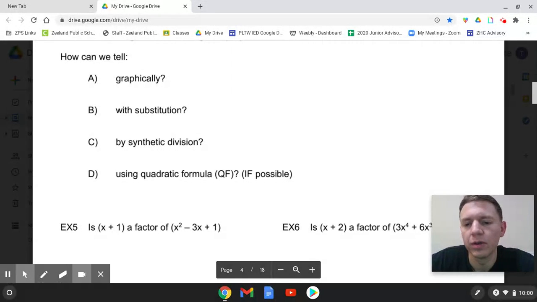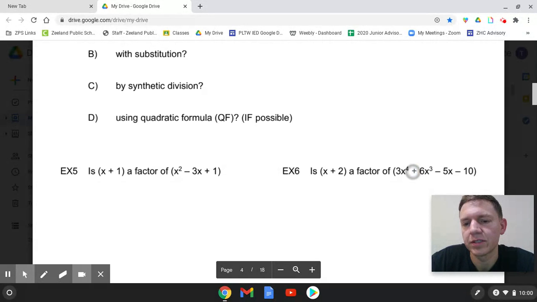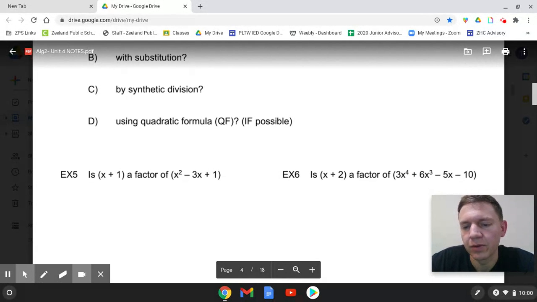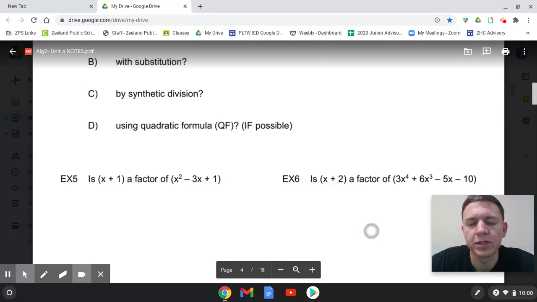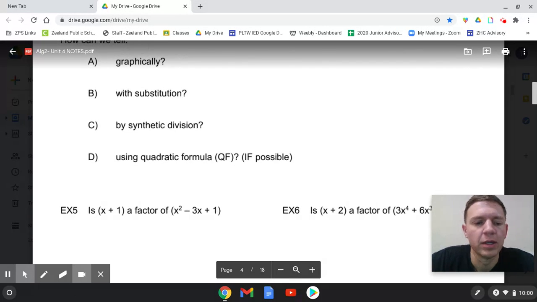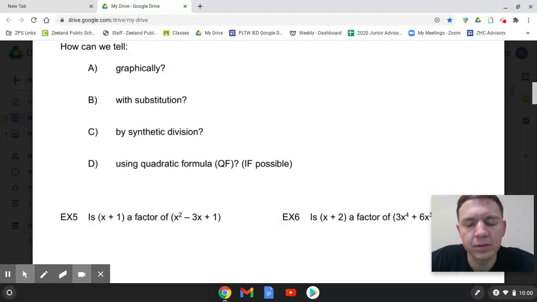You can't do it with anything that's not a trinomial with a square term. For example, you can't do it with this. That's a polynomial with 4 terms, and it's got a 4th degree, so in a third degree, wouldn't be able to do it, even if it was a trinomial. So quadratic formula is just annoying. Unfortunately, with complex numbers, it's kind of the only way to get them, and we have to use it sometimes. But I try to do these other 3 whenever possible instead.